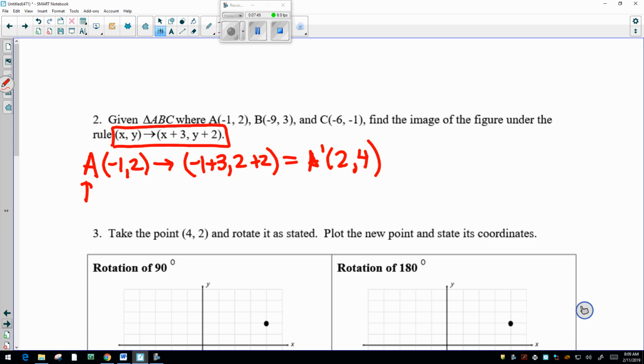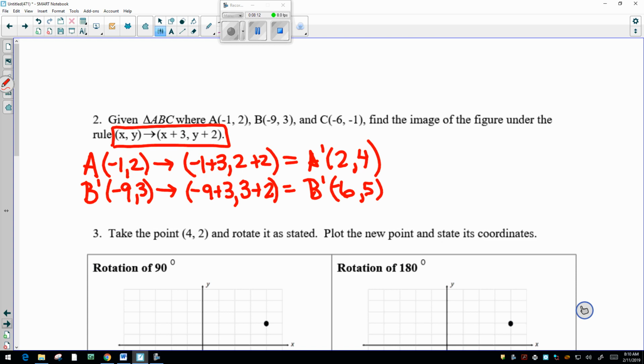Okay, we try it again for B. B, we're starting off at negative 9, 3, and I want to do this translation. So at negative 9, I'm adding on 3. To my Y value of 3, I'm adding on 2. When we simplify, negative 9 plus 3, we get a negative 6. Positive 3 plus 2, we get 5.